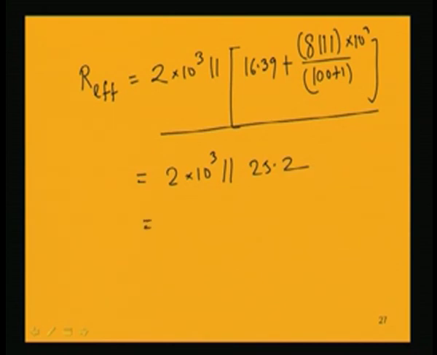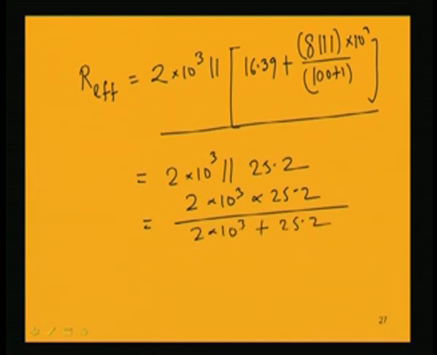So, the parallel combination between these two will be 2 into 10 to the power 3 into 25.2 by 2 into 10 to the power 3 plus 25.2, and that comes to 24.89 ohm.